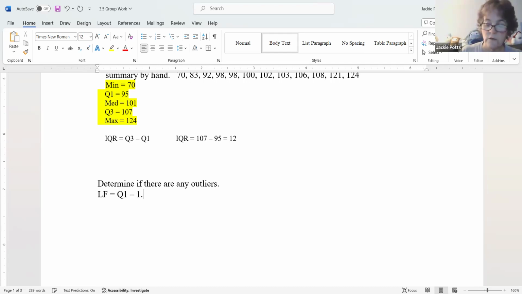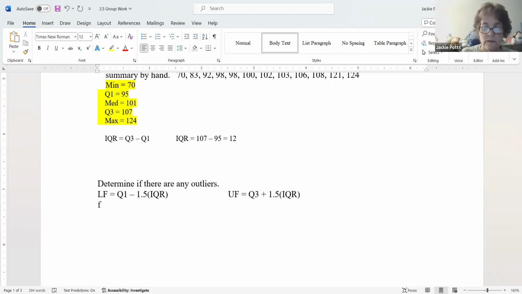And yes, you'll need to know some of these formulas. And my upper fence was Q3 plus 1.5 times the IQR, not IQT, you can't type. All right.